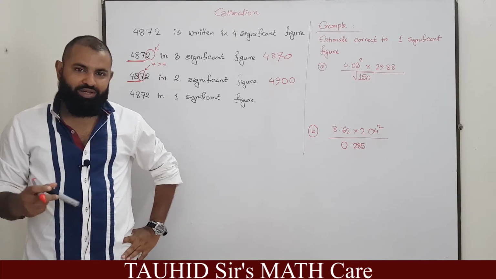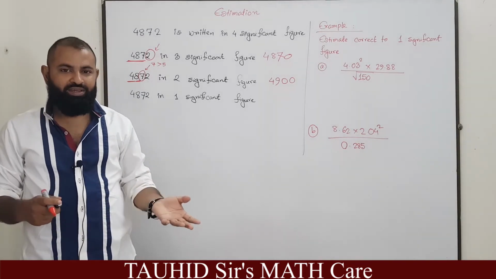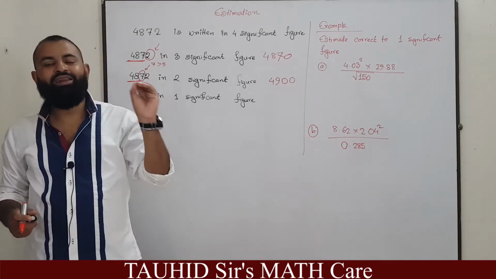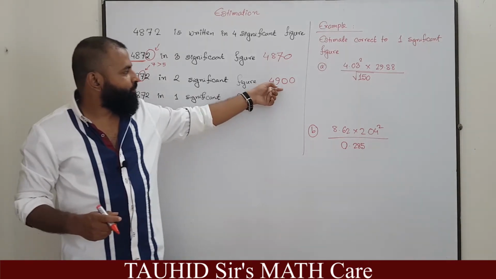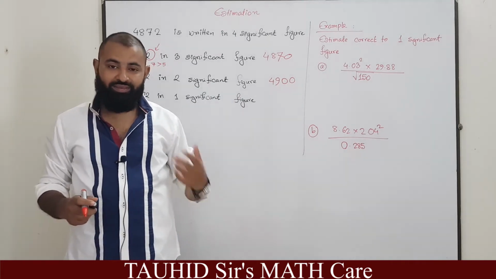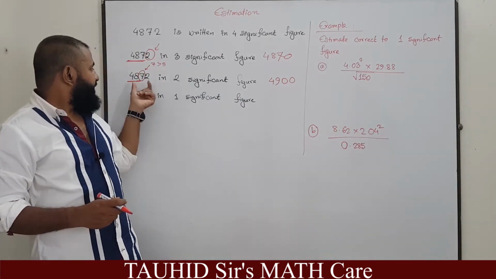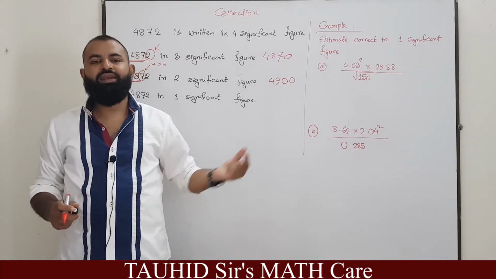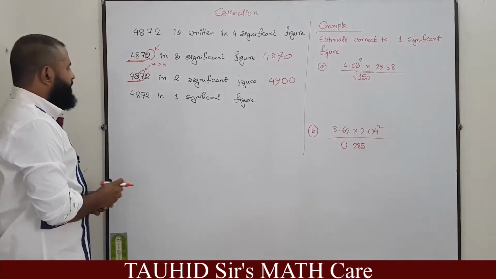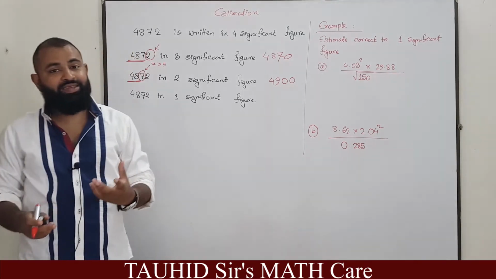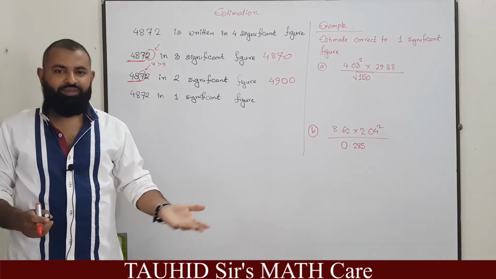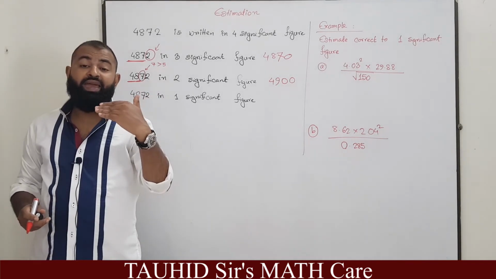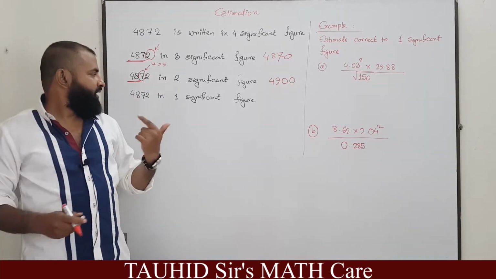A friend asked you, your shoe is beautiful, how much is it? Would you say 4872, or would you simply say 4900? This is the use: you are expressing this value as 4900 in 2 significant figures. Or you can say the price of your shoe is 5000 taka. 4872 in 1 significant figure will be 5000.